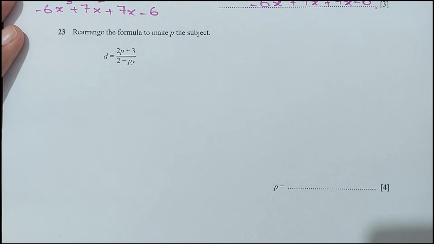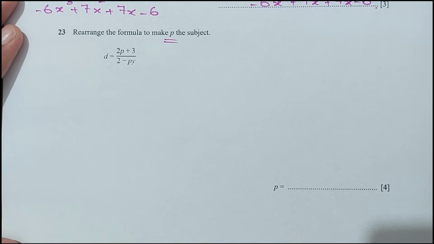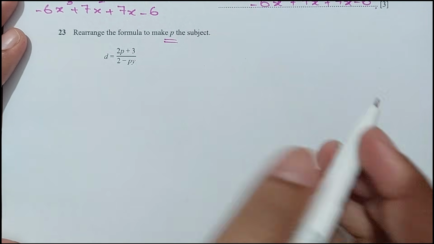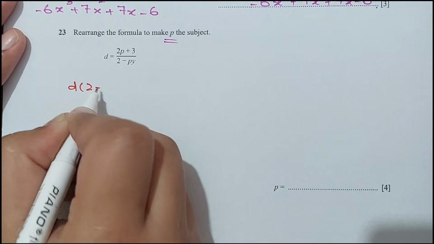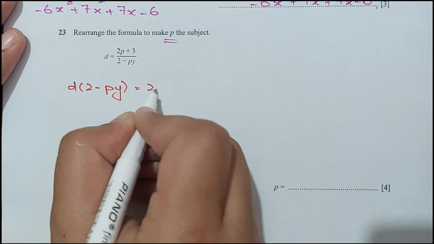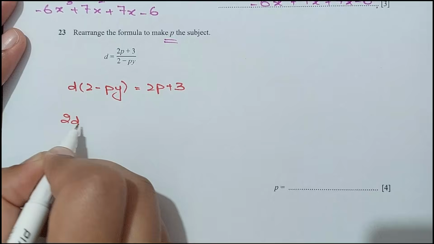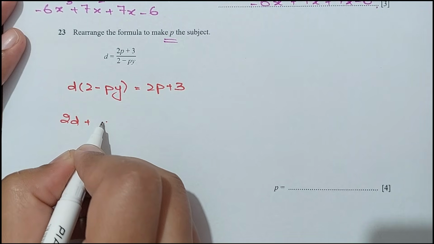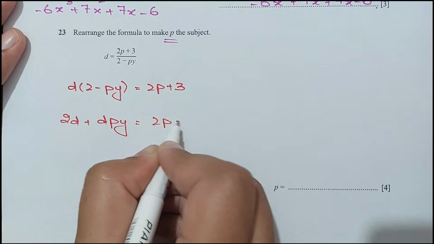Question number 23. Rearrange the formula to make P the subject. Okay, let's do this. We have to cross multiply. D is multiplying with P minus 2y. 2 minus py equals 2p plus 3. Okay, 2d plus dpy equals 2p plus 3.